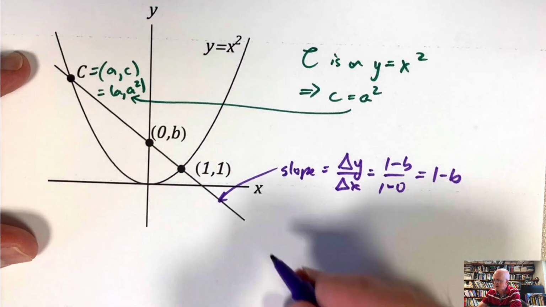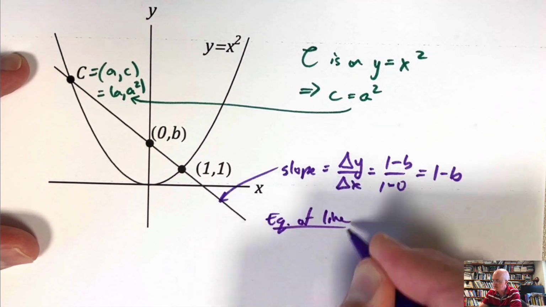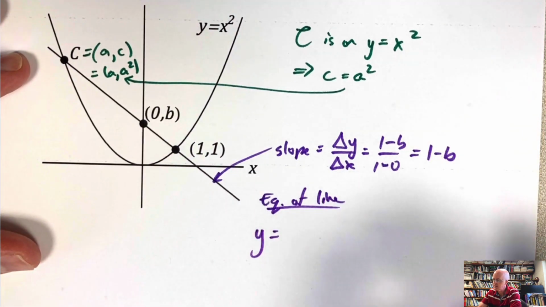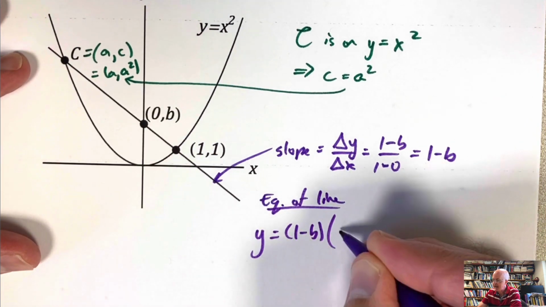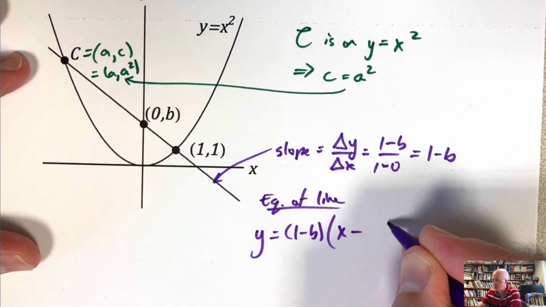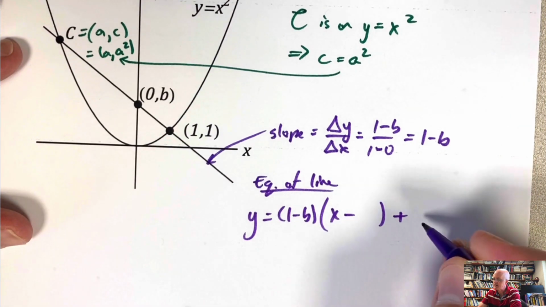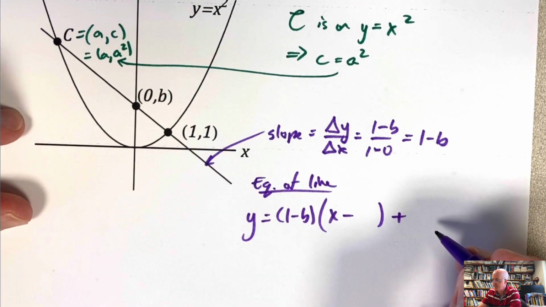What's the equation of the line here? Go back to our old friend point-slope form. Y equals the slope, 1 minus b, times x minus the first coordinate of the point on the graph, and then plus the second coordinate of the point. Which point should I use, 0, b or 1, 1?